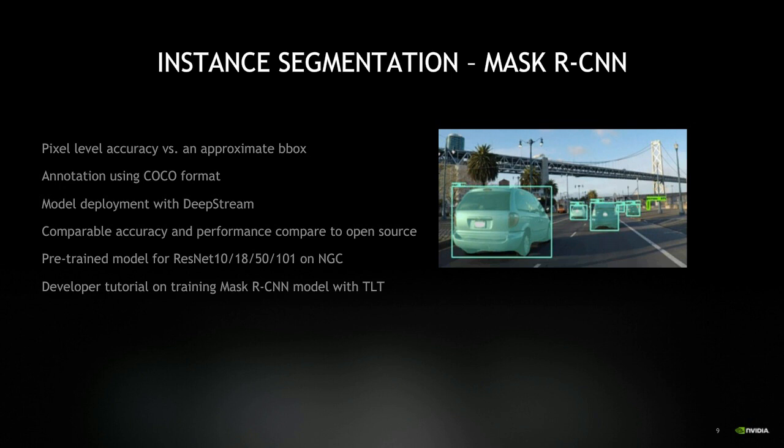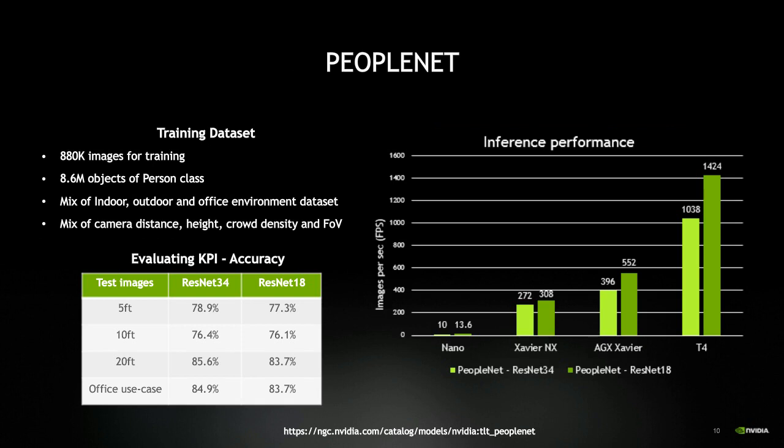As mentioned earlier, TLT comes with highly optimized pre-trained models. One of our main models is PeopleNet. This model is trained to detect people in a crowded environment at different distances and at different camera angles. This model can be used to build applications such as people counting, occupancy analytics, heat mapping, etc. The model is trained on almost 900,000 images.